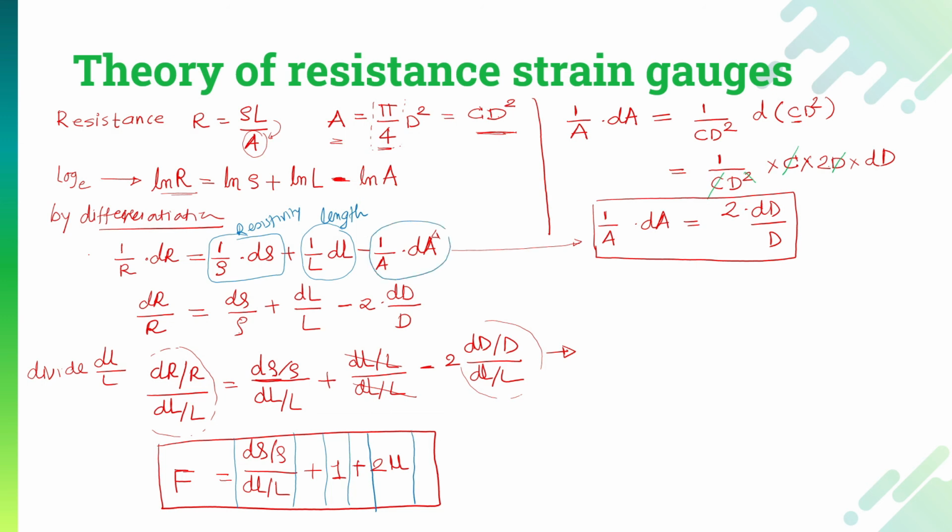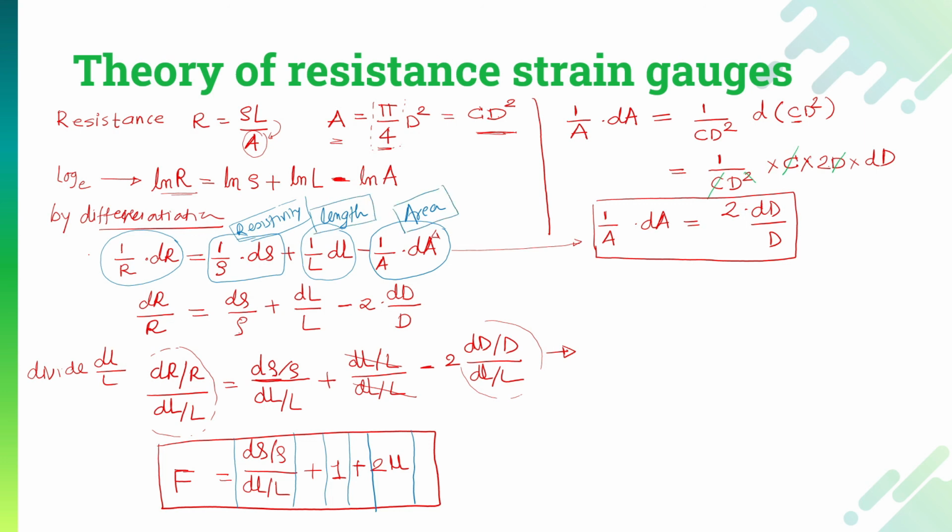This third part shows us the resistance change due to the area change. So the whole change in the resistance basically comes out due to the 3 elements. Very first is the resistivity change, second is the change in the length, and third is the change in the area.